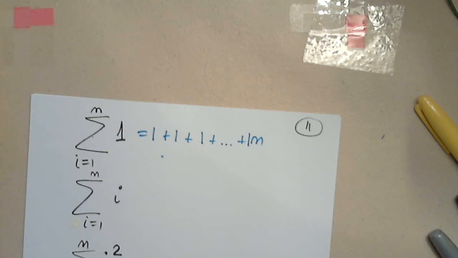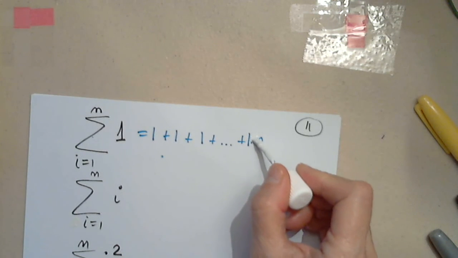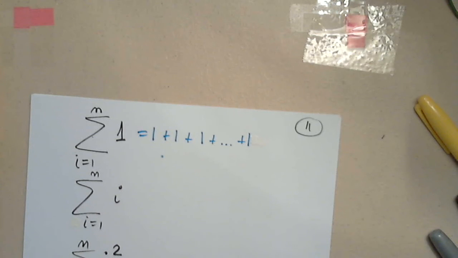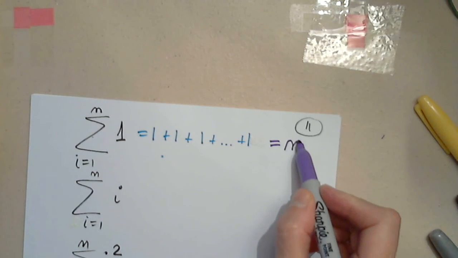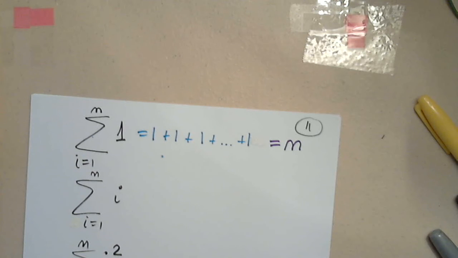I'm jumping. Okay. So what is the answer? What do you think the answer will equal to? I wrote it ahead of myself. Of course it's n. So it's 1 plus 1 plus 1 plus 1 n times, it must be n.